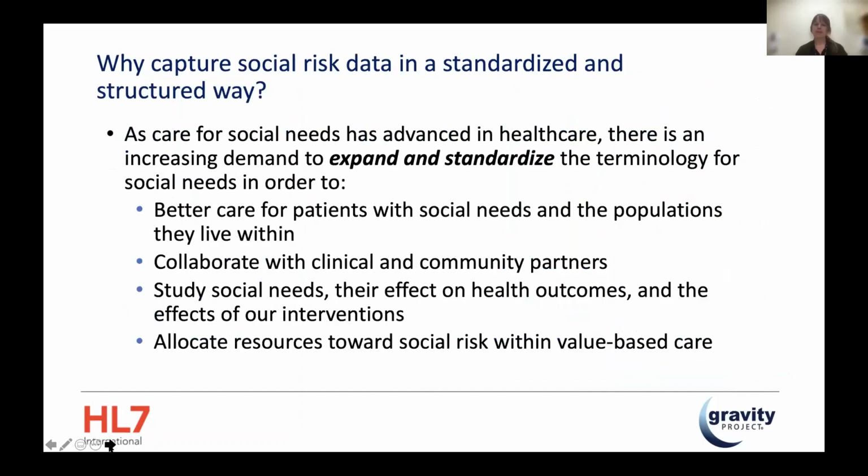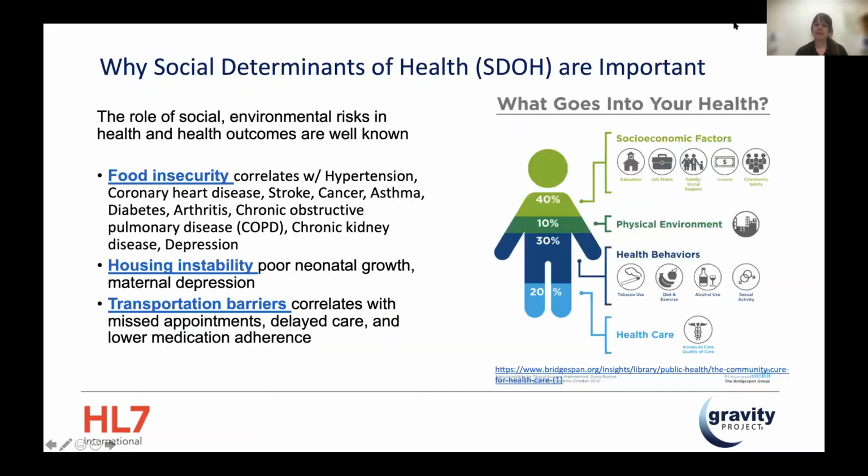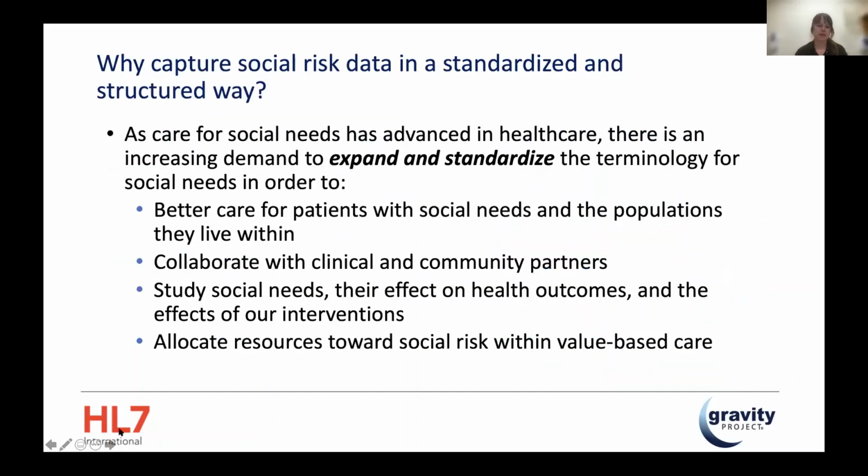So why capture social risk data in a standardized and structured way? As care for social needs has advanced in clinical settings, there's an increasing demand to expand and standardize the terminology to address social needs. This is in order to better care for patients with social needs in the populations they live within, to collaborate with clinical and community partners, and to study social needs, their effect on health outcomes, and the effects of our interventions to address them.